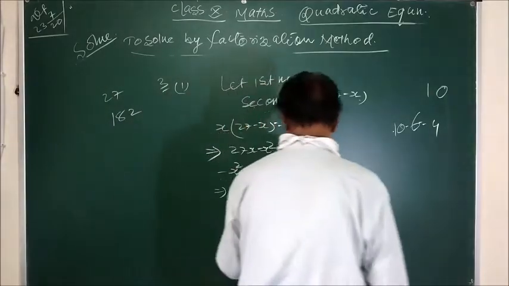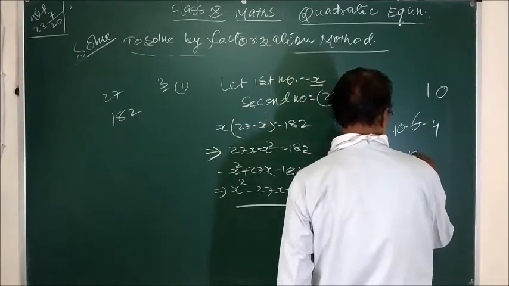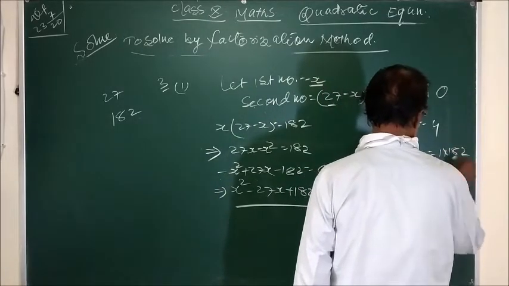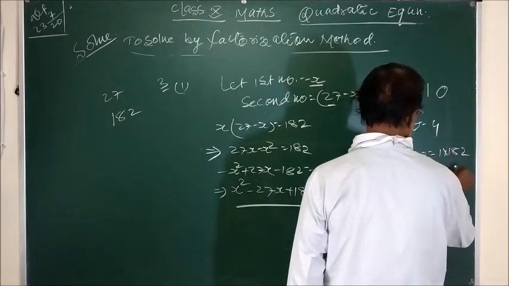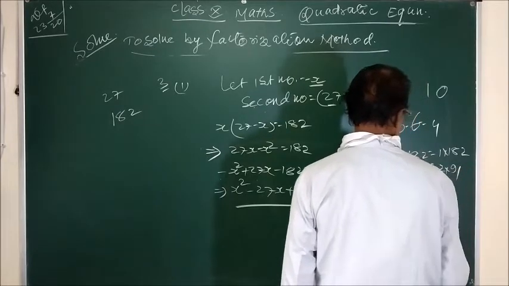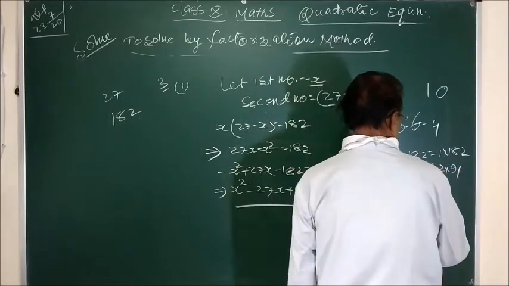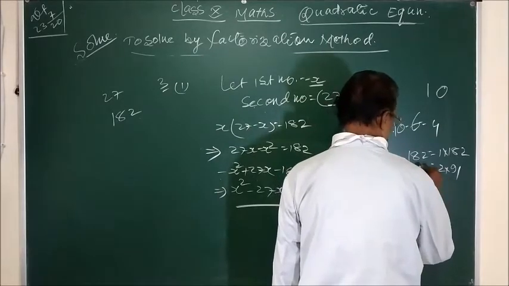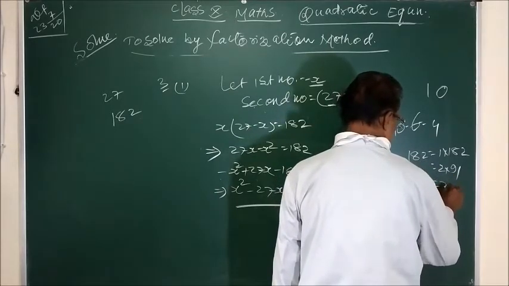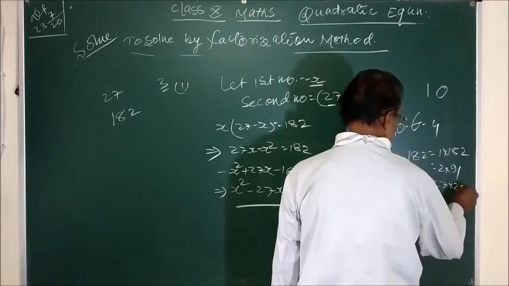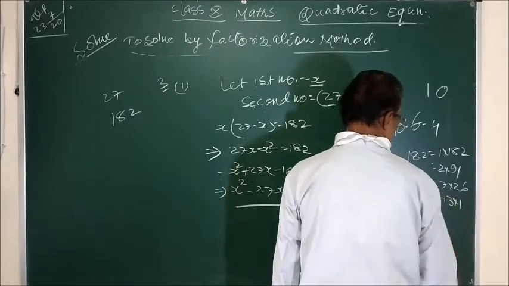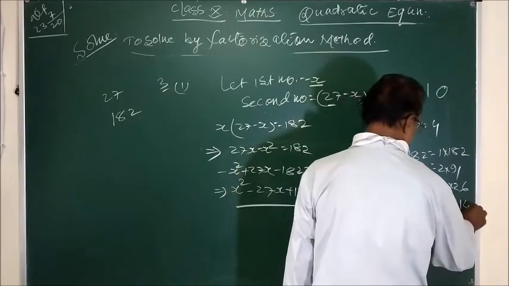And now you see 182. Find its factors: 1 into 182. It is divisible by 2: 2 into 91. This is not divisible by 3. 7 into 13 is 91, so 14 into 13.